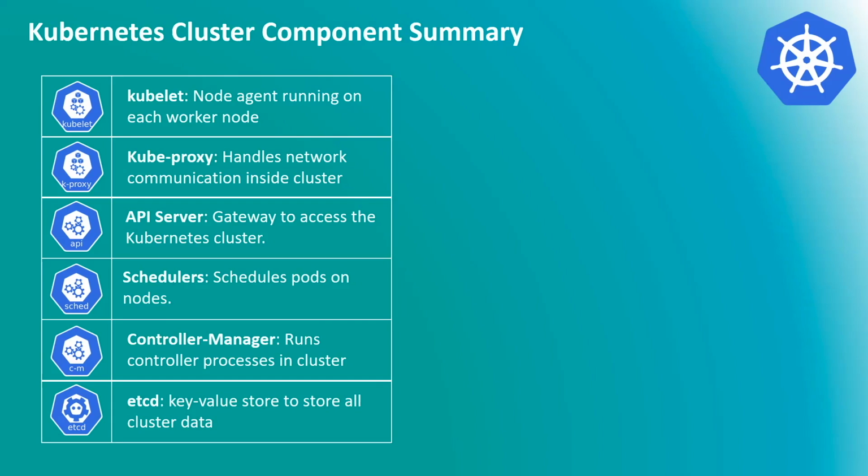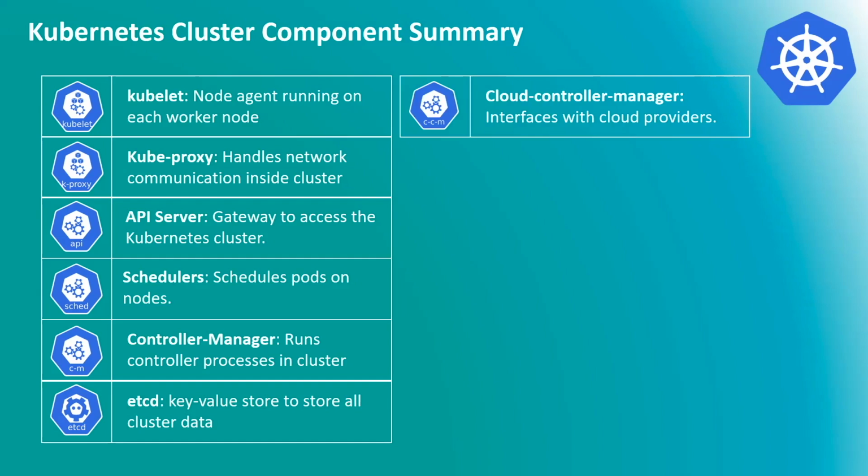If you want to take a backup of your Kubernetes cluster, you will take a backup from etcd, and you should create the replication mechanism of your etcd. Next, we reviewed Cloud Controller Manager, and we saw that it is only applicable when you are running your Kubernetes cluster in a cloud environment, and it interfaces with cloud providers like Azure, GCP, AWS.